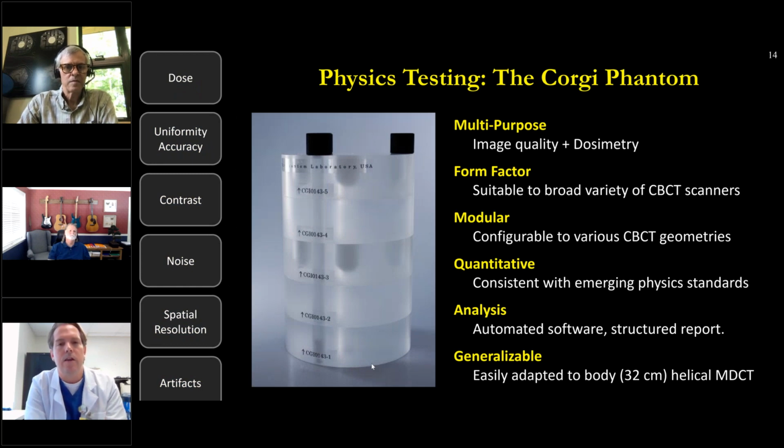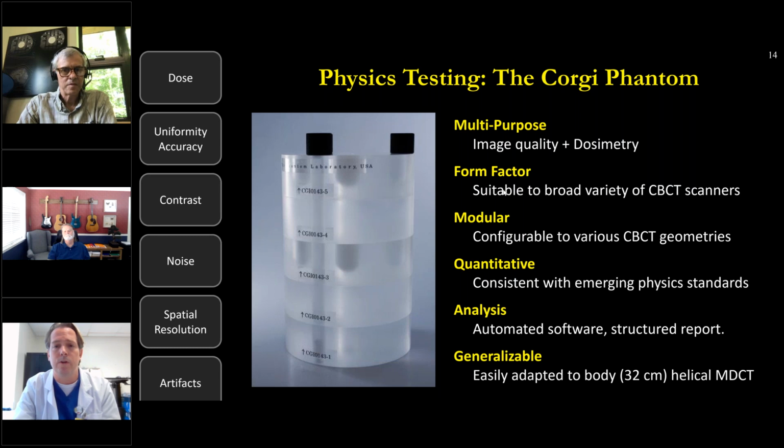So a phantom that John and Josh and I have iterated on and developed over the last year or more is shown here. It's called the Corgi phantom, just because it has a Corgi-like cylindrical shape, a form factor. It doesn't stand for anything. The phantom is multi-purpose in that this phantom, unlike a CTDI phantom or ACR phantom, is really designed to provide measurement of both image quality and dose.